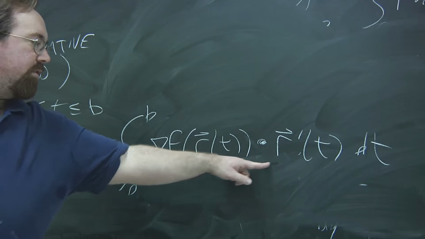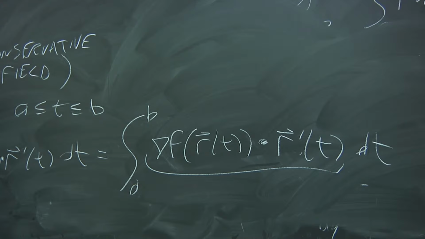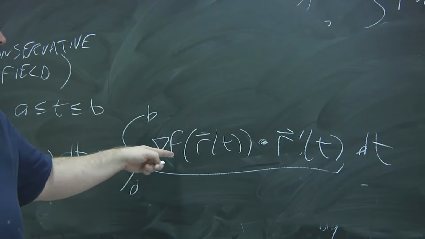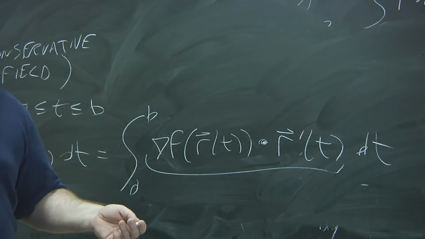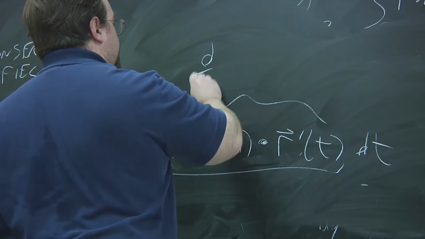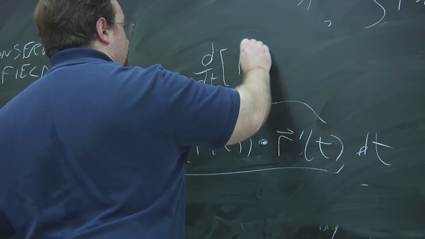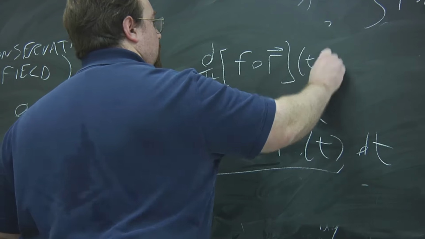But this whole expression here, what exactly is that? Or what does it remind you of? Think of the case where f is just a single function, where we're just dealing with a derivative with respect to x. It's like a composite. Yeah, it is a composite. So this whole thing is the derivative with respect to t of f composed with r of t.